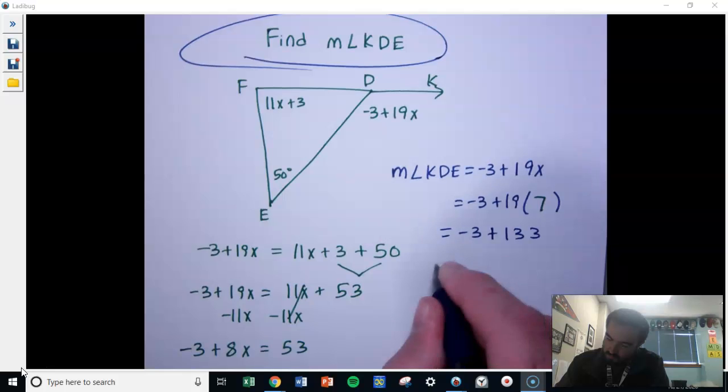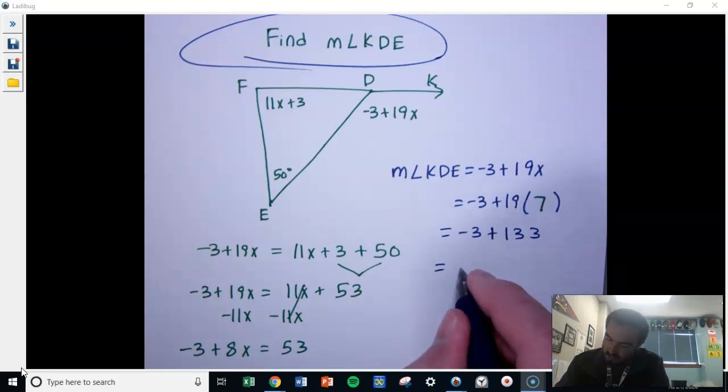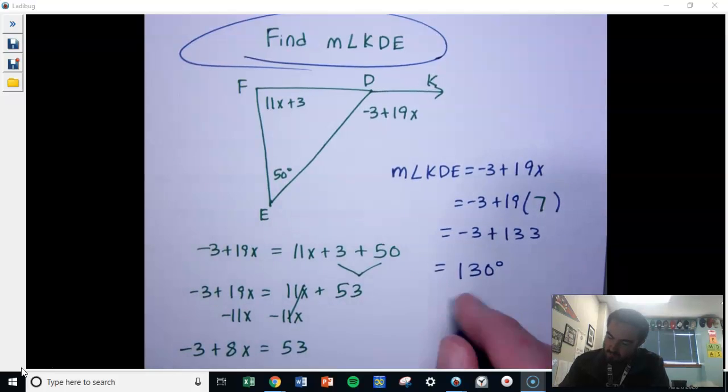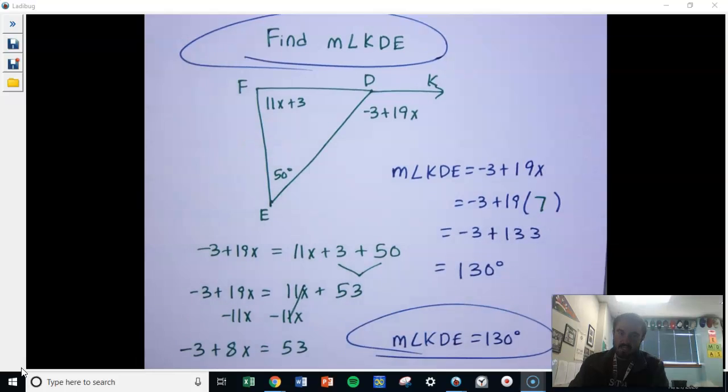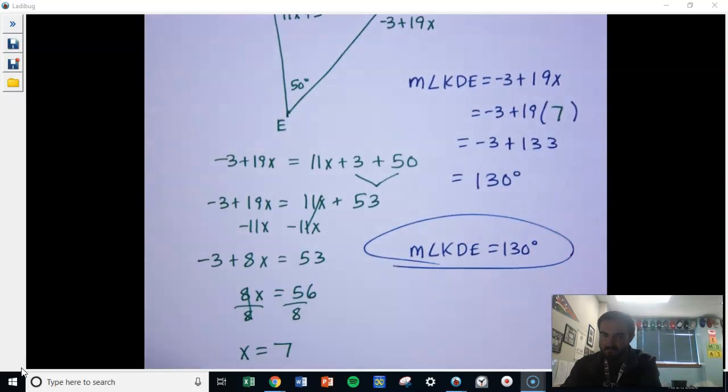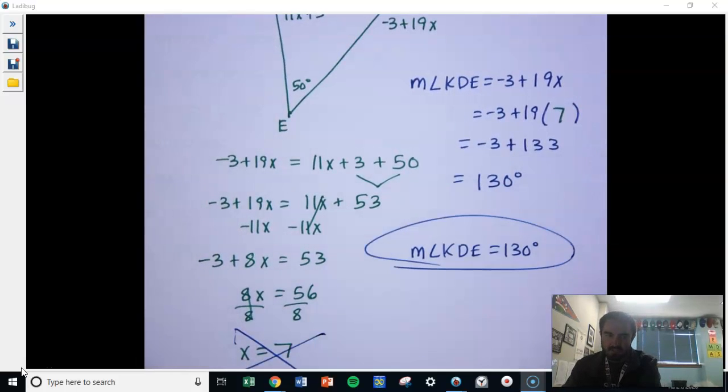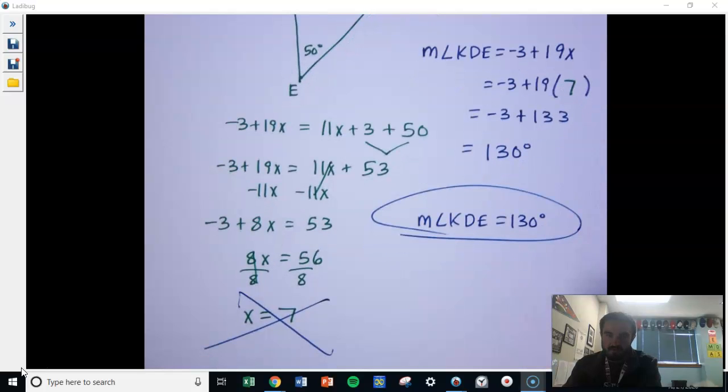So, negative 3 plus 133 is 130 degrees. So, that would mean the measure of KDE equals 130 degrees. It is not 7. That's not your answer. That's just part of the steps to get to your answer.